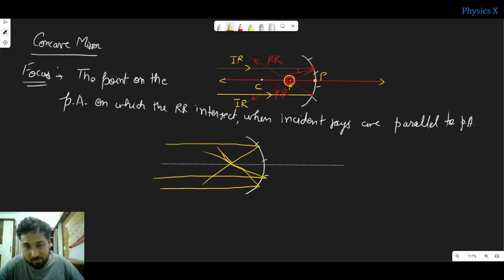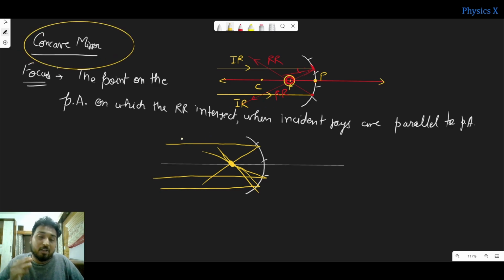So what it is doing is that when the rays are parallel to this principal axis, they tend to converge at a point, they tend to meet at a point. That means this type of mirror is converging this beam of light. So this you can observe. This is about the concave mirror focus point.